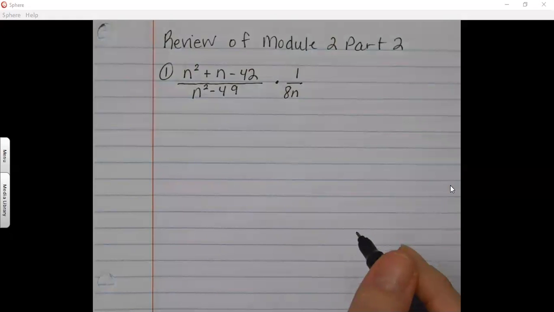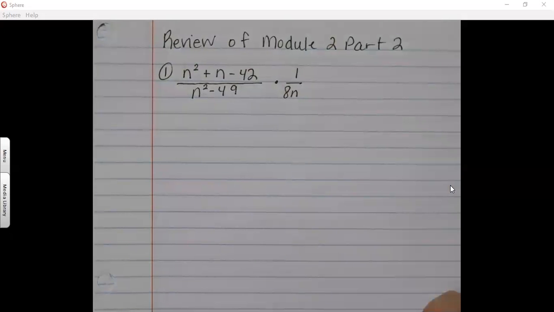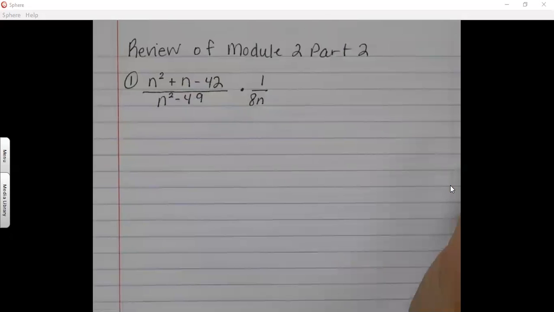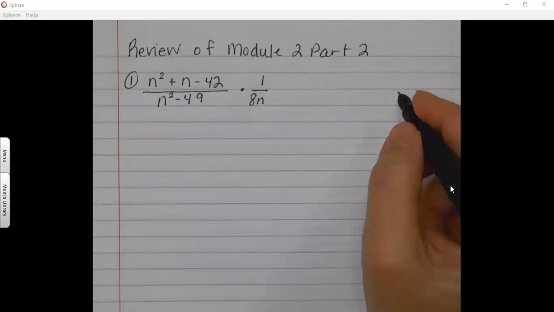So let's look at n squared plus n minus 42. A is 1, we could probably do that in our head, right? Give me 2 numbers that multiply together to get negative 42 and add to get positive 1. 6 times negative 7 is negative 42, and 6 plus negative 7 is negative 1.